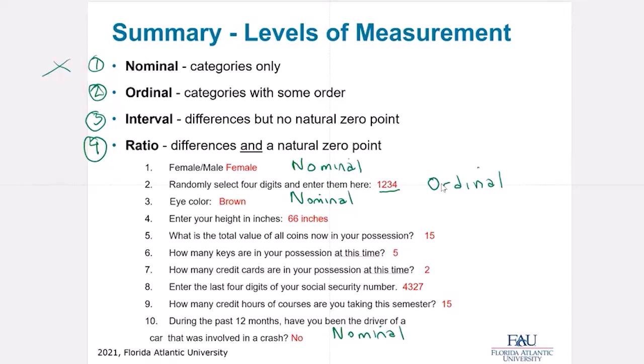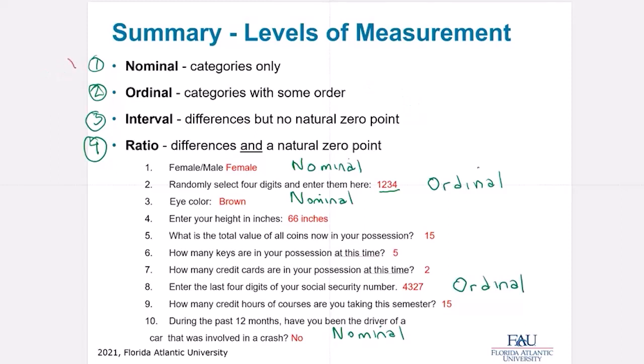The difference between this and this, right, ordinal and interval, is I can take the difference. I mean, I can take the difference, but it really has no meaning. So I would put this as ordinal. And I think that's all the ordinal ones that I can see here.